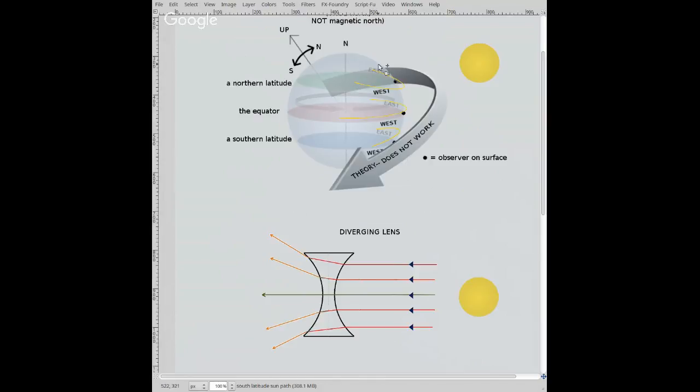What we see standing on the surface of this ball, where these dots are on the surface, is that the sun does this. I'm sorry, the sun does these yellow lines. The theory doesn't work with that. The only way this observation with these three yellow lines works is with this kind of a lens between us and the sun.